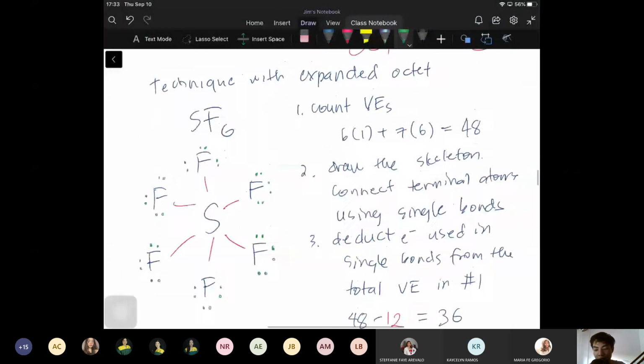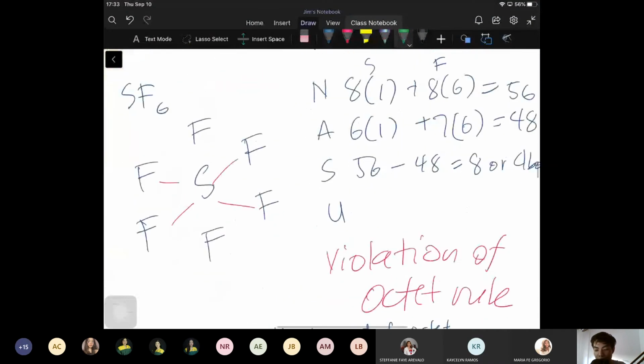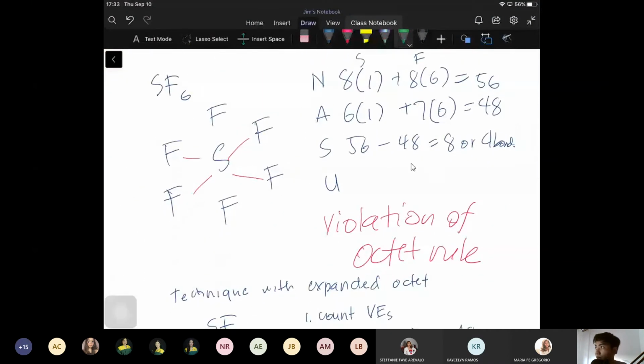So, kagaya ng ginawa natin dito sa SF6, nag-NASO rule tayo and we just found out na sabi ng NASO rule, 4 na bonds lang pwede, pero kulang yon para sa lahat. So, we cannot accommodate all the atoms sa central atom. So, kapag ganyan, violation ng octet rule yon because this molecule exists.